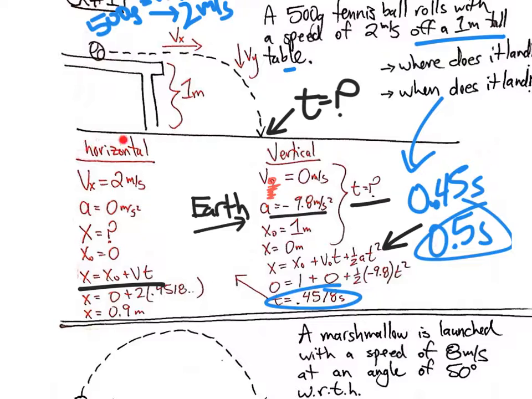Because for horizontal motion, the acceleration is 0. This equation is basically just this equation with that term equal to 0. So we have initial horizontal position is 0, velocity in the horizontal direction is 2, and the time in the air is 0.4518 seconds, and multiplying, with 1 sig fig, gives us 0.9 meters.